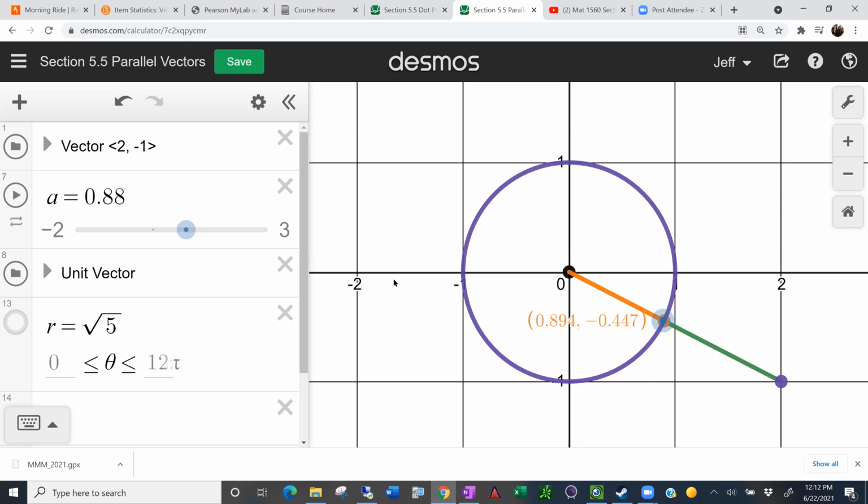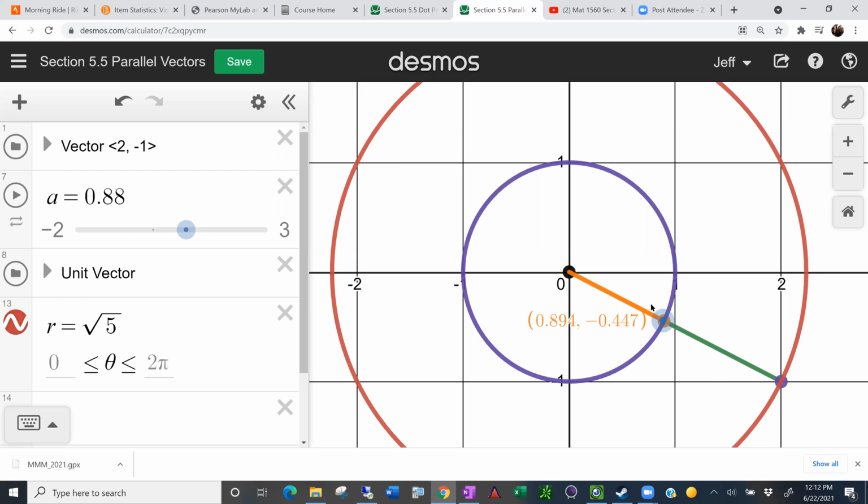Yay. Now, sometimes you want to create a vector of a particular length that points in a particular direction. So our vector had a magnitude of length 5. You could take a vector like this, a unit vector, and scale it. I said length 5, I should have said length square root of 5.